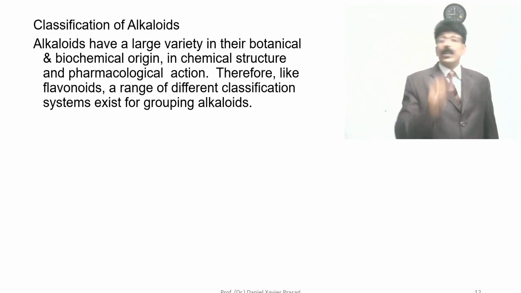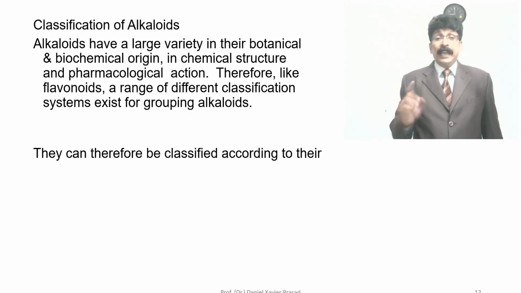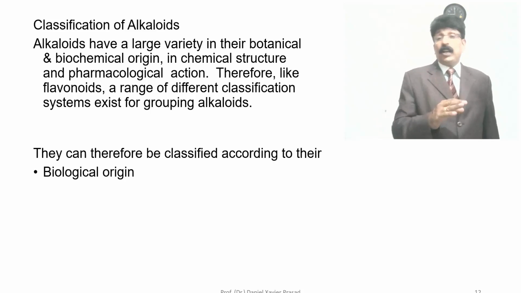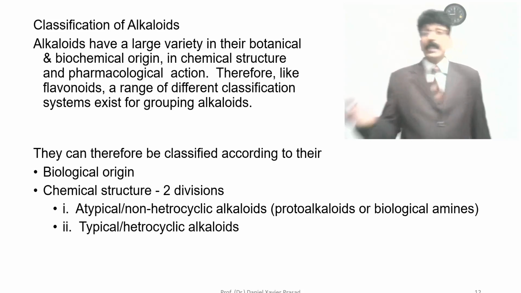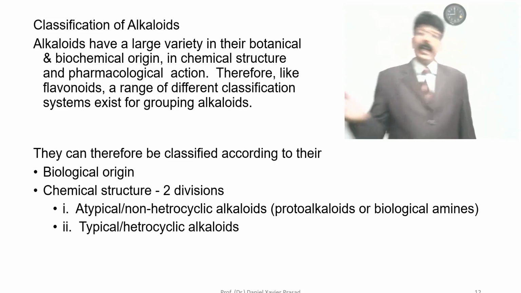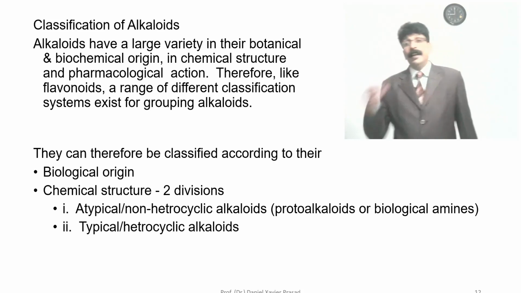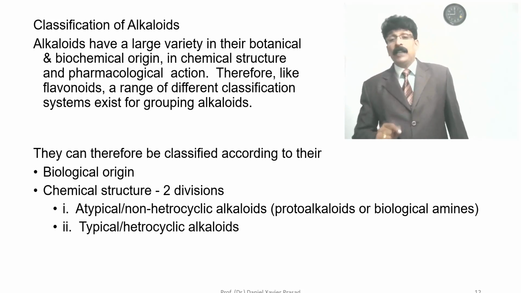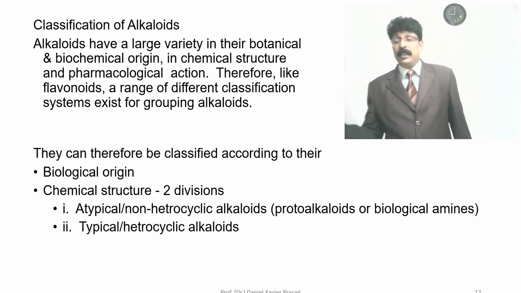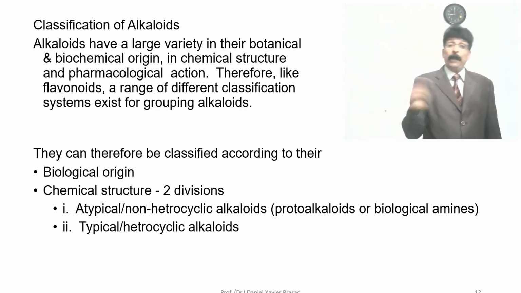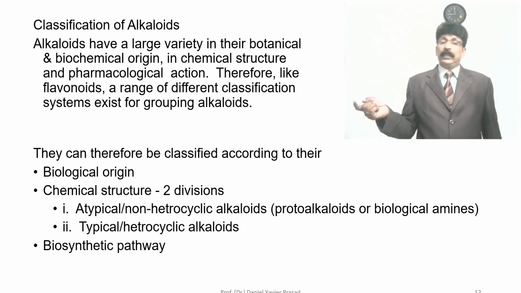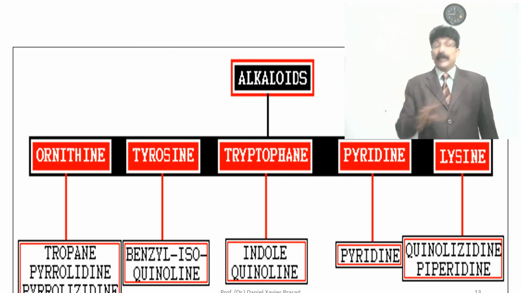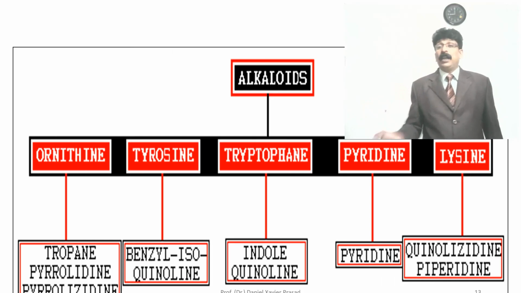They can be classified according to their biological origin and chemical structure into divisions like typical heterocyclic alkaloids, non-heterocyclic alkaloids with nitrogen, proto-alkaloids or biological amines. The biosynthetic pathway also gives rise to classification of alkaloids, as shown in the picture.